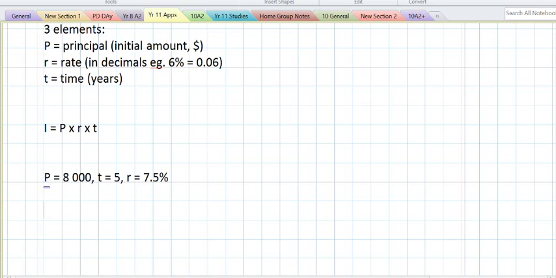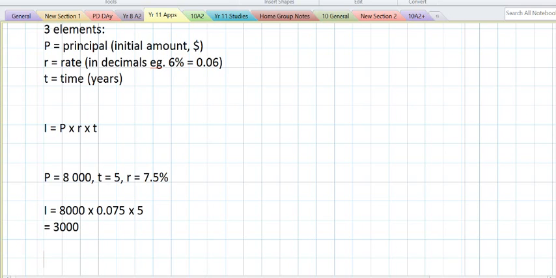We work that out by doing interest equals 8,000 multiplied by the rate, and the rate has to be in decimals. So we take that 7.5 and divide it by 100, and we can do that in your calculator, and multiply it by the time. And now I reach for my calculator. It is $3,000.